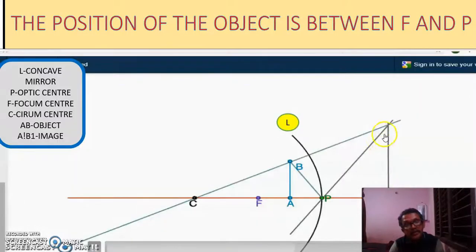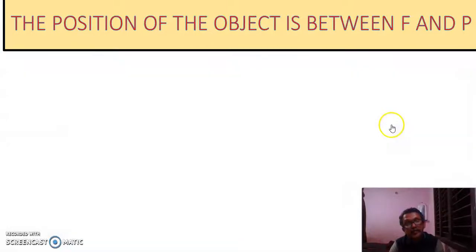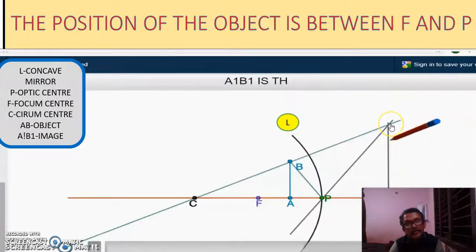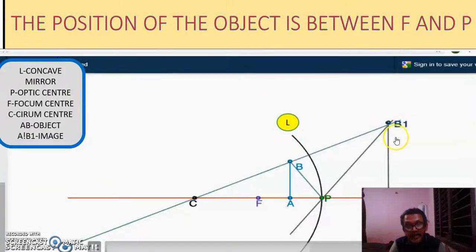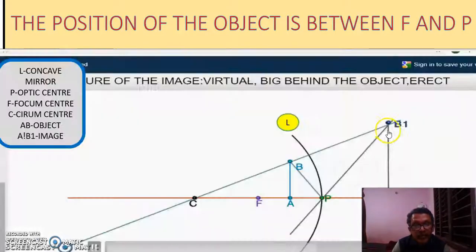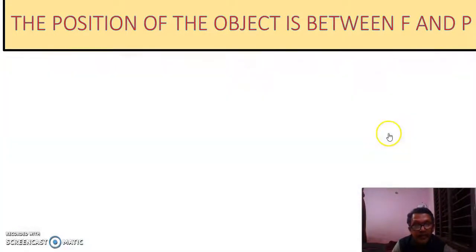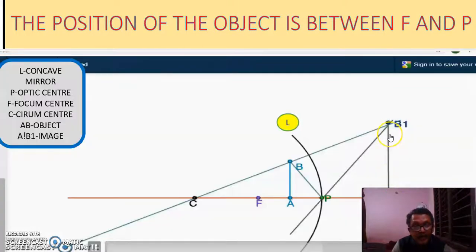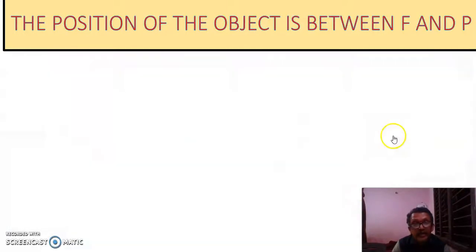Then this is the image formed inside the mirror, behind the mirror, and it is big and erect. So this is the virtual image, erect and big and inside the mirror.